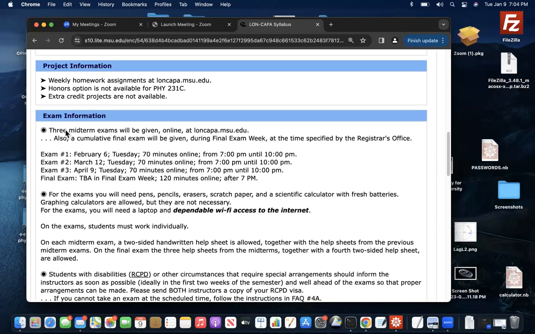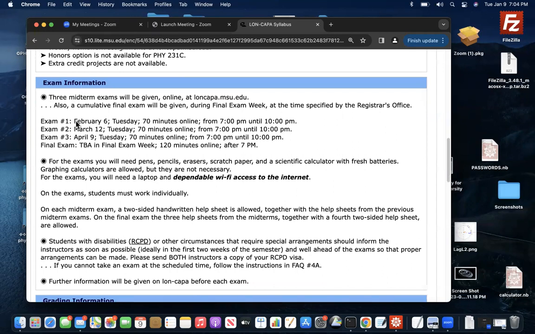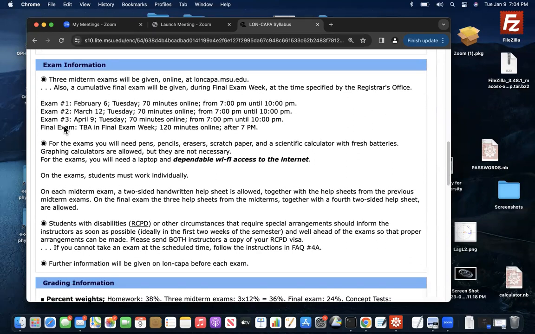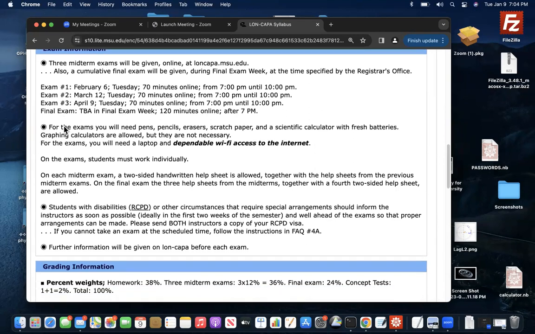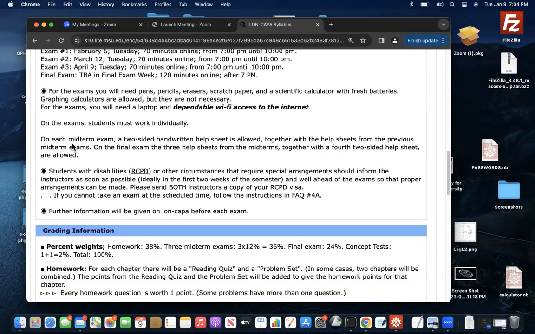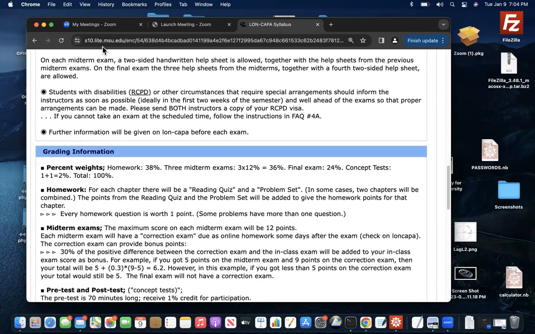So there'll be 3 midterm exams. These are the dates. There'll be a final exam. I don't know the date for the final exam yet, but it'll be during final exam week. All of the exams will be done online on Lon Kappa. There's information about the exam, so read over that.